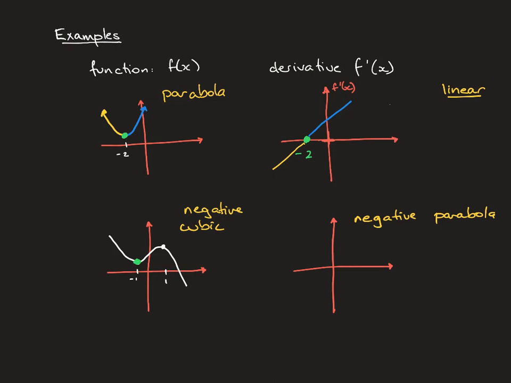So there's one at that turning point there, and one at that turning point there. So our first turning point is at -1. And so on our derivative graph, there will be an x-intercept at -1. Our second turning point is at 1. So on our derivative graph at 1, there will be an x-intercept.